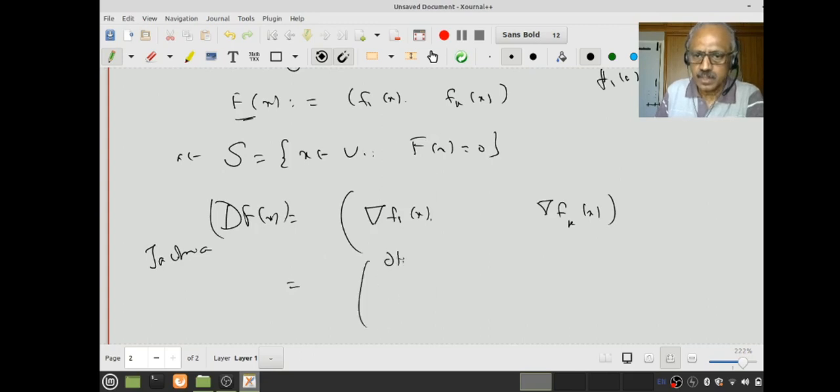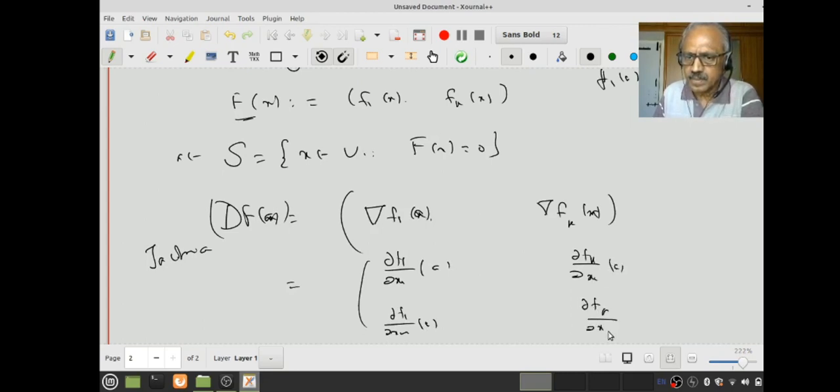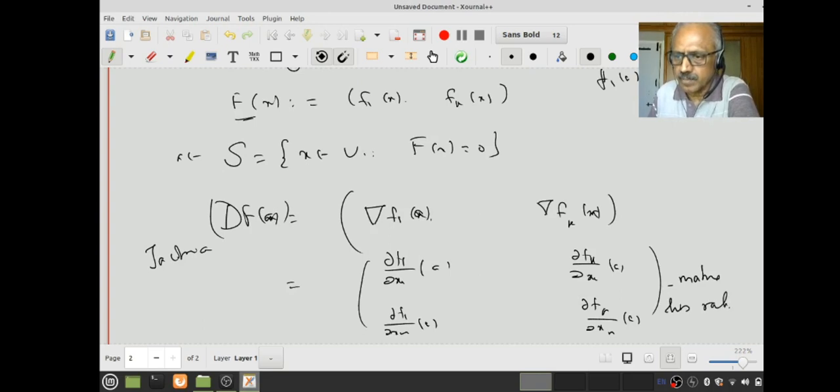Therefore, it is del F1 by del x1 at the point, let us say at A, up to del F1 by del xn at A, and so on, up to del Fk by del x1 at A, del Fk by del xn at A. Now saying these column vectors are linearly independent is the same as saying this matrix has rank k. Do you understand this?